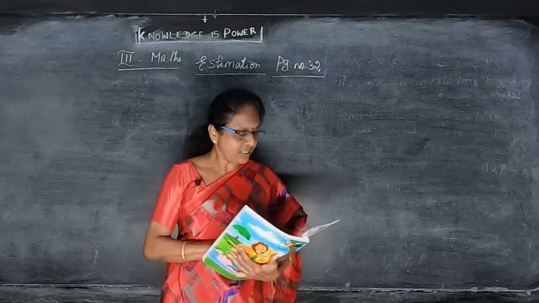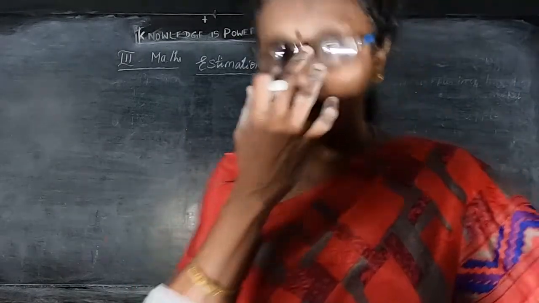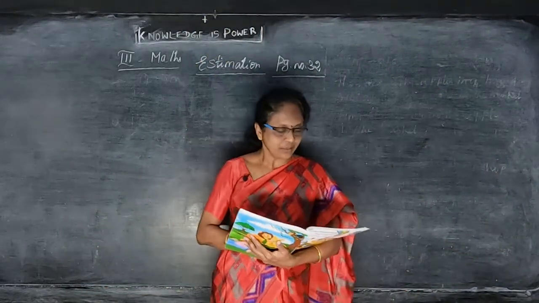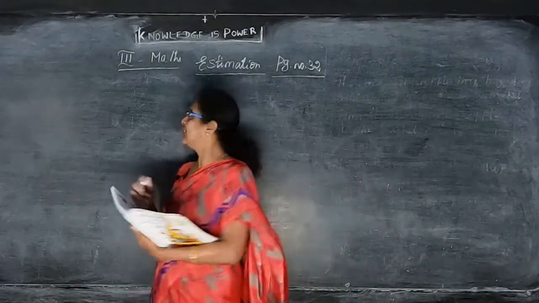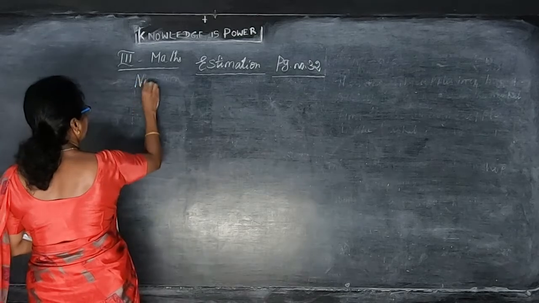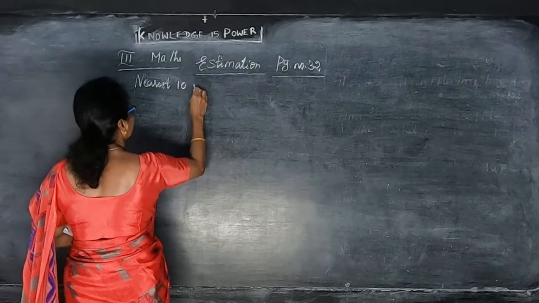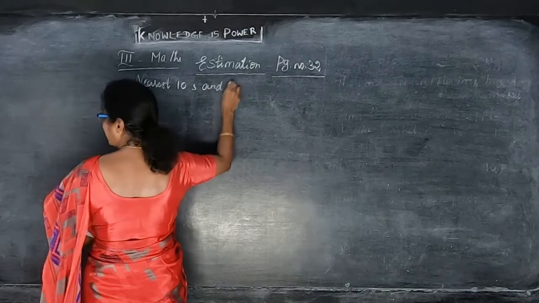So in this, estimate the sum and the differences to the nearest tens and hundreds. So we are going to say now nearest tens and hundreds.